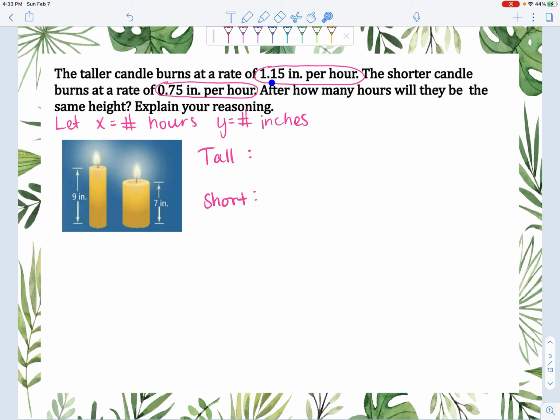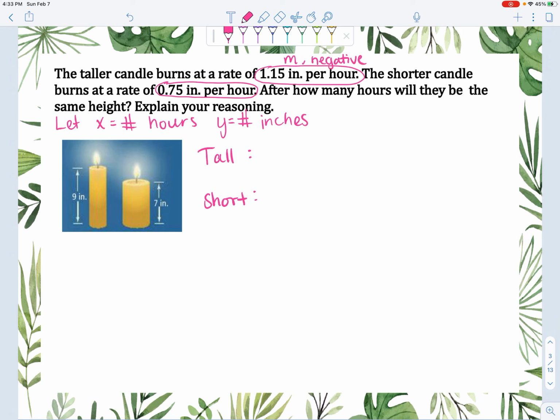Not every single word problem is going to give you a positive slope. And it's also not going to explicitly tell you when it's negative. You kind of have to think about it logically. If the candle is burning, is it gaining inches over time or is it losing inches over time? Well, I know that if the candle keeps on burning, it's going to get shorter and shorter and shorter. It's losing height. So that's actually a negative slope. Okay, so this is a negative slope.